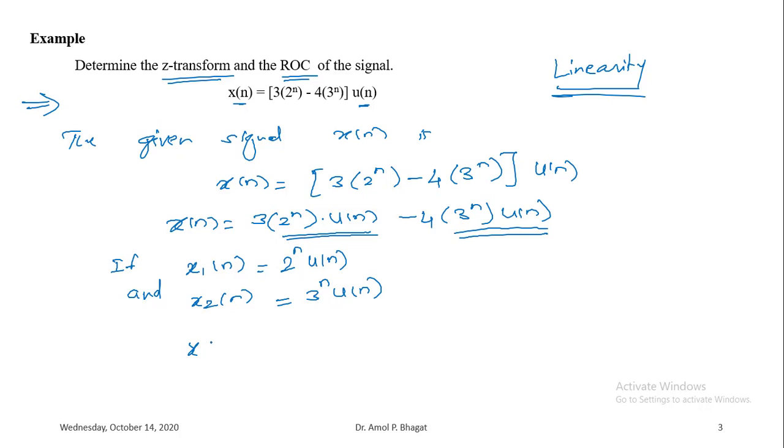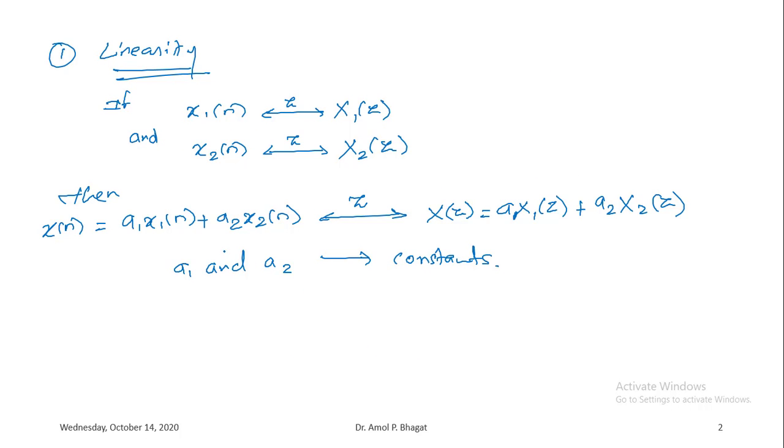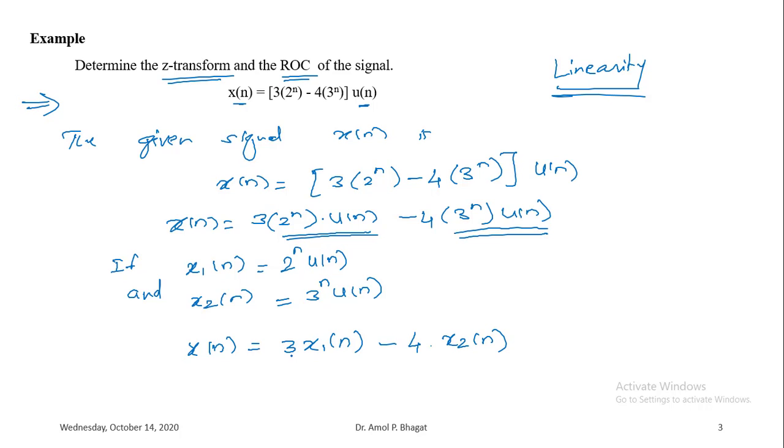Therefore x of n can be considered as 3 into x1 of n, that is 3 into 2 raised to the power n u of n, minus 4 into x2 of n. This will be your overall x of n. So the constants a1 and a2 are 3 and minus 4: a1 will be 3 and a2 will be minus 4.